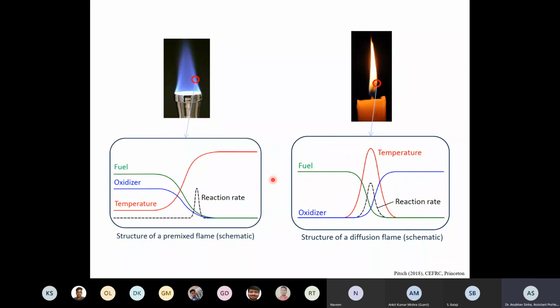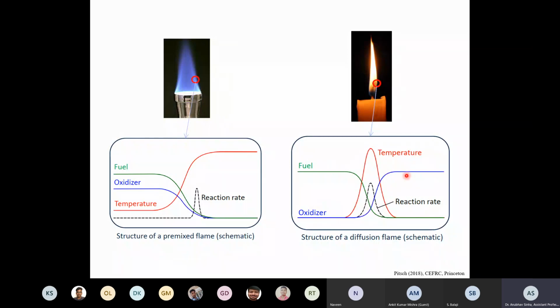Okay, this is similar to the premixed flame, but what is the difference? Now we have oxidizer which is increasing here. In the premixed flame, oxidizer is inside the flame, and outside the reaction zone it is 0. While in the diffusion flame, oxidizer is 0 inside because this is a fuel jet, and oxidizer is coming from outside, and at the flame surface it becomes 0.